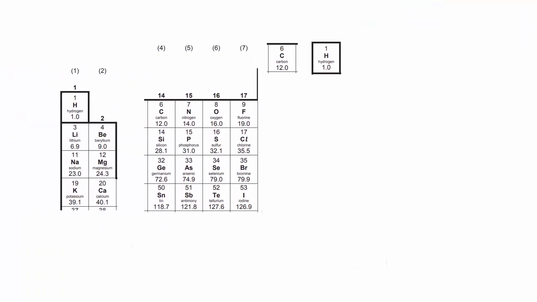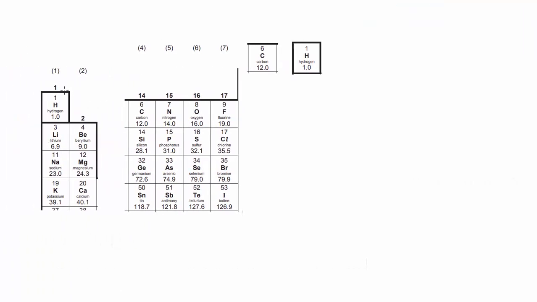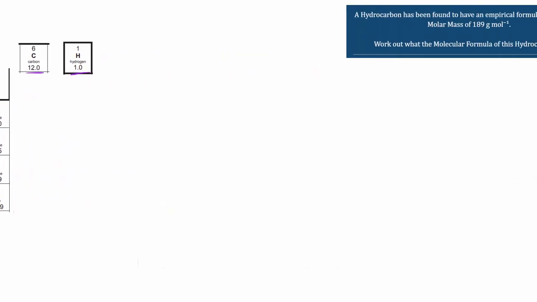In effect, we're going to do this using the relative atomic masses of those elements, right? So the relative atomic mass of hydrogen we've got here, and of carbon we've got here as well. For carbon, our relative atomic mass is 12, and for hydrogen, our relative atomic mass is 1, right? So these are effectively our molar masses.